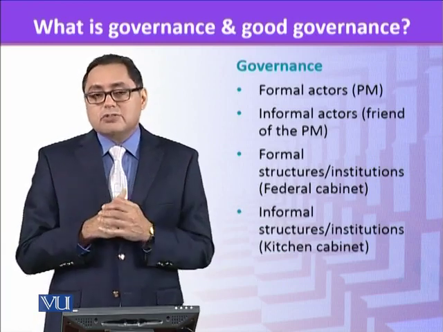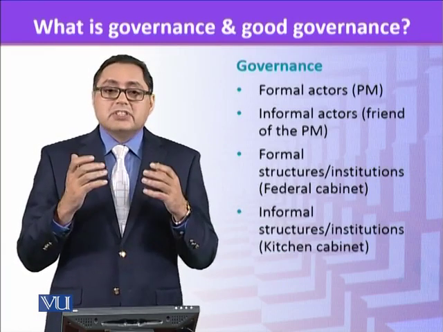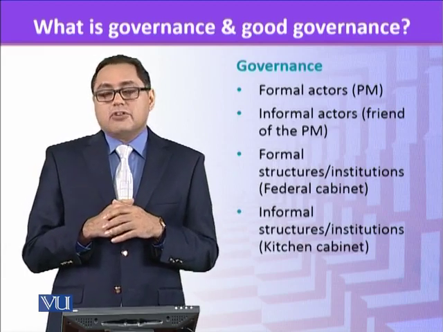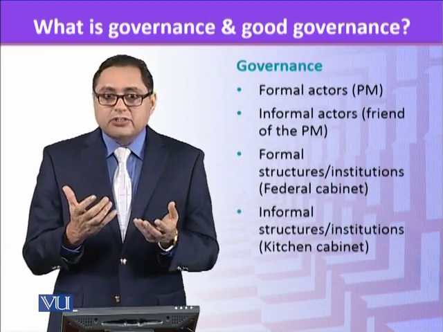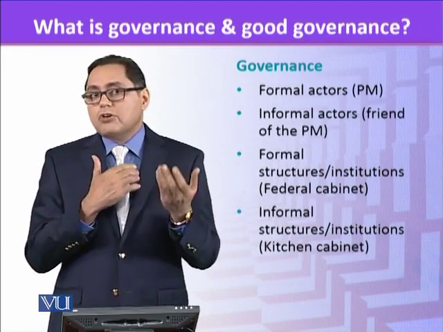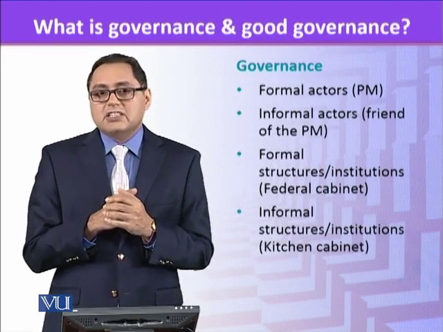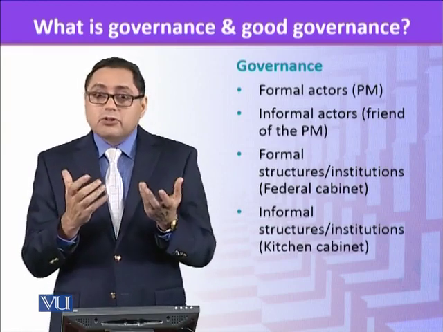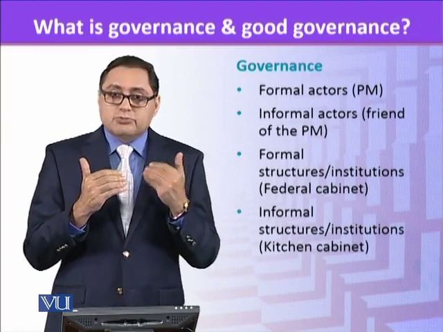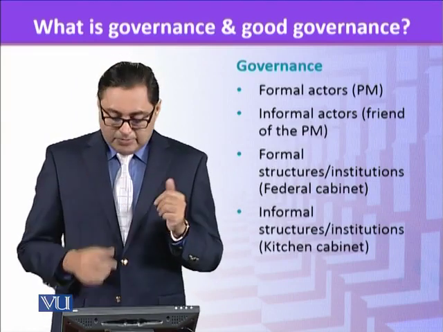It may also include some bureaucrats, whom the Prime Minister gathers around him when he thinks of making a policy. This group has no formal role in the policy making, but informally they may have power to approve or disapprove a policy.